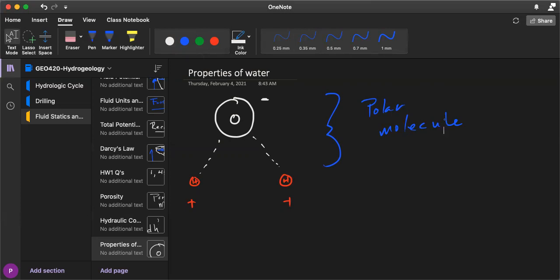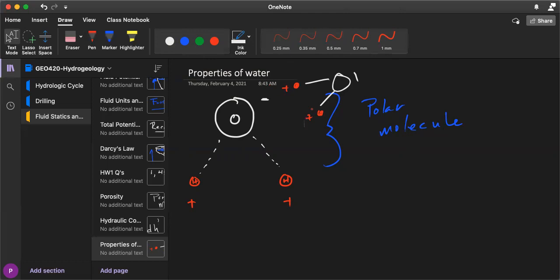All right. So first of all, the polar molecule means that other water molecules will tend to line up in such a way that the positives line up with the negative end of the other molecule. And that causes an attraction between the water molecules.